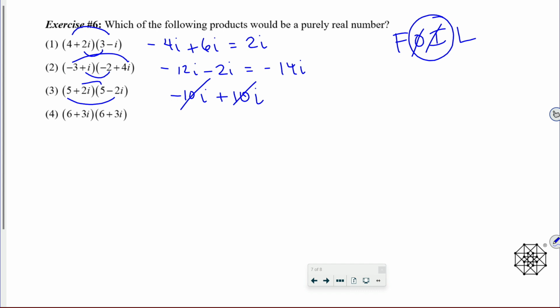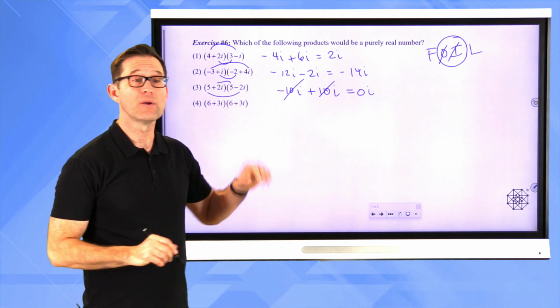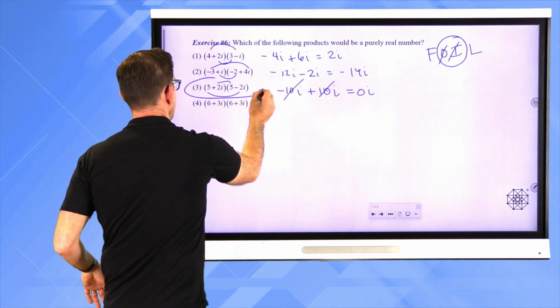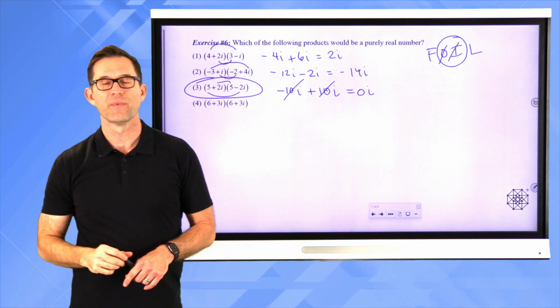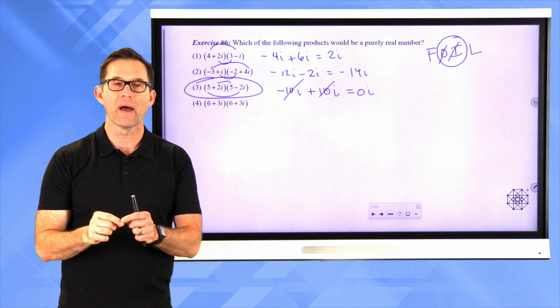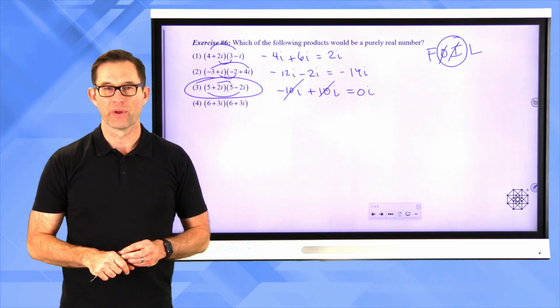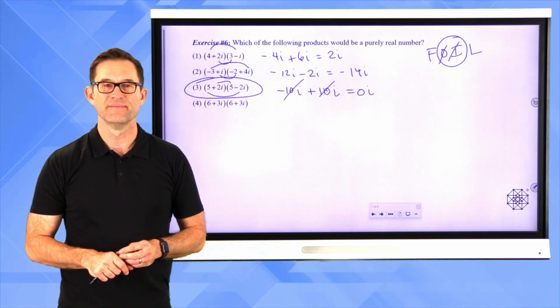Oh, and those would cancel and give me 0i, which means this would be a purely real product. So choice 3. And that's really all about knowing what gives you the imaginary component of a complex product and what gives you the real component of a complex product.